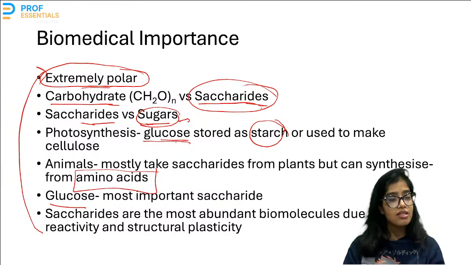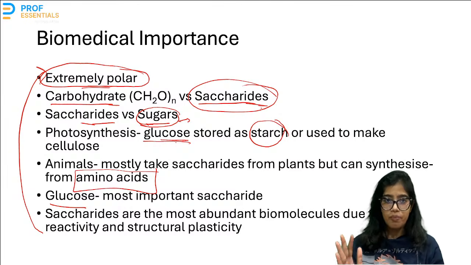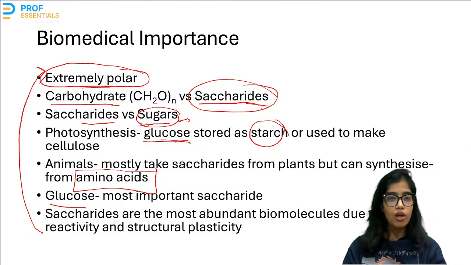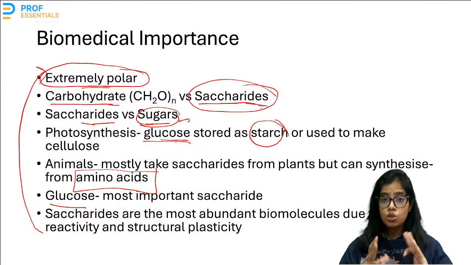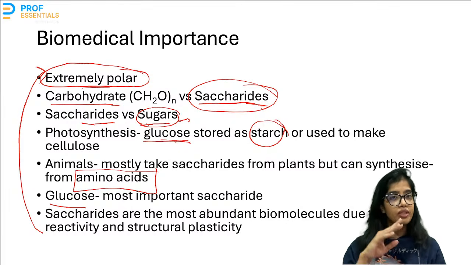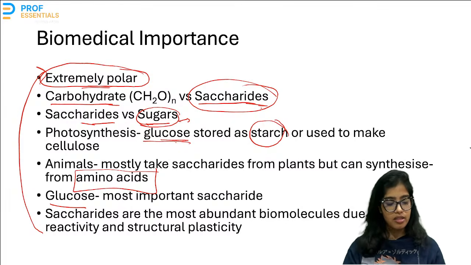It may have the same molecular formula, but it can exhibit a lot of isomerism. Its structure can vary. About this also we are going to read later in this chapter.